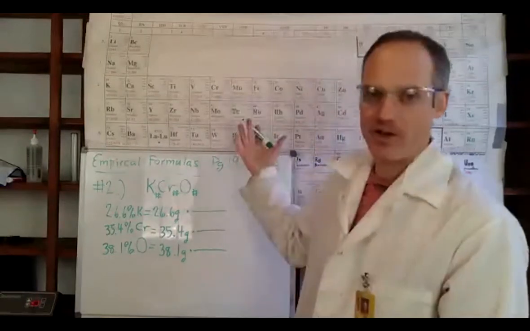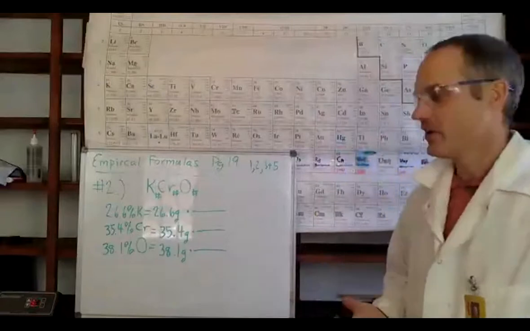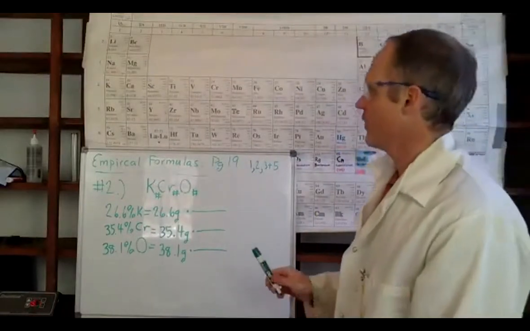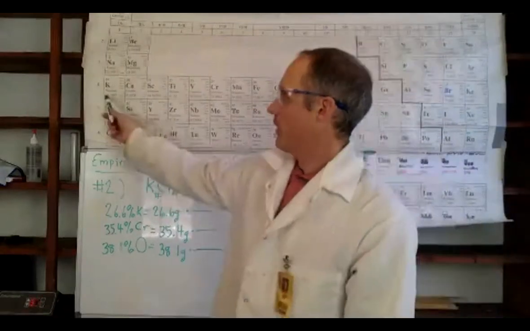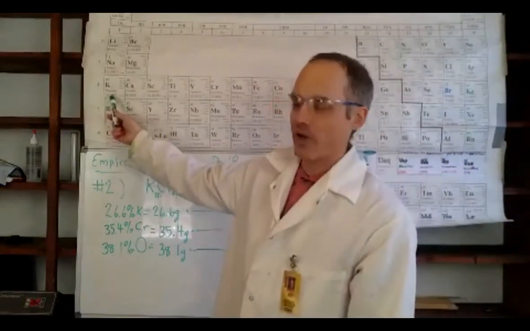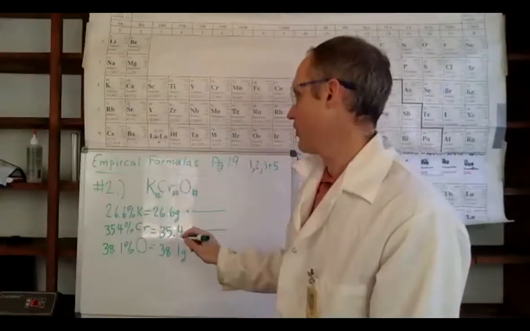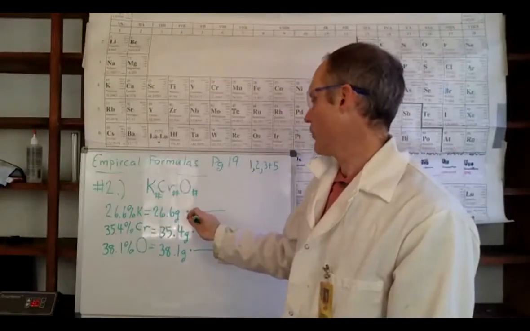We need a periodic table, which I brought one home, so you could see it pretty easily. So we have potassium right here is 39.1. Well, it's 39.09, but we're going to round it up to 39.1.